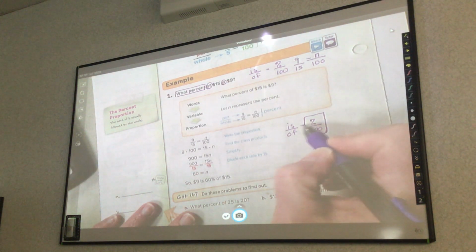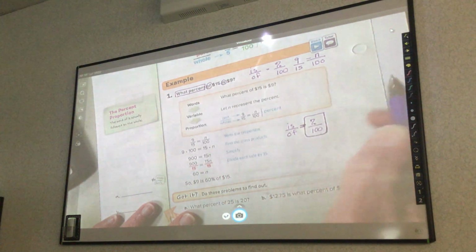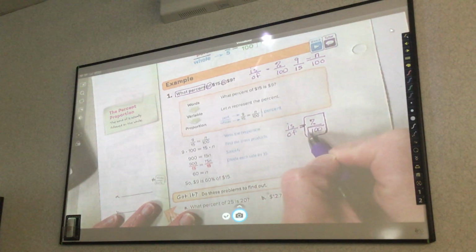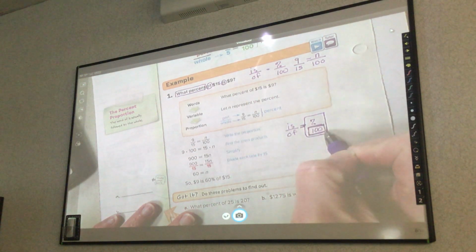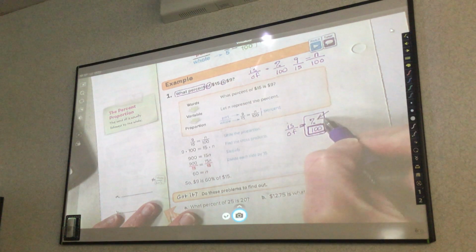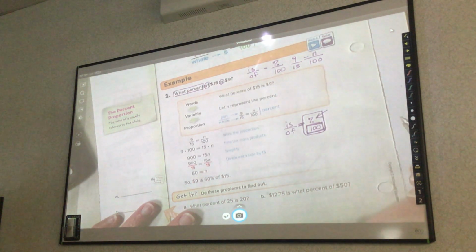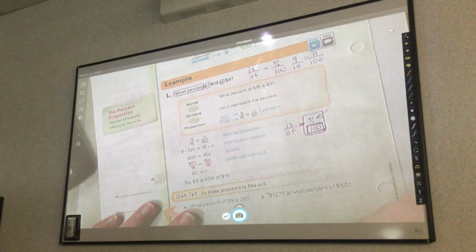Percent is always on the right hand side. 100 stays put. It never goes anywhere. It's permanent. It's like a brick. I'm not going to move it. But your percent can come and go. Does that make sense? So percent will always be on the right.